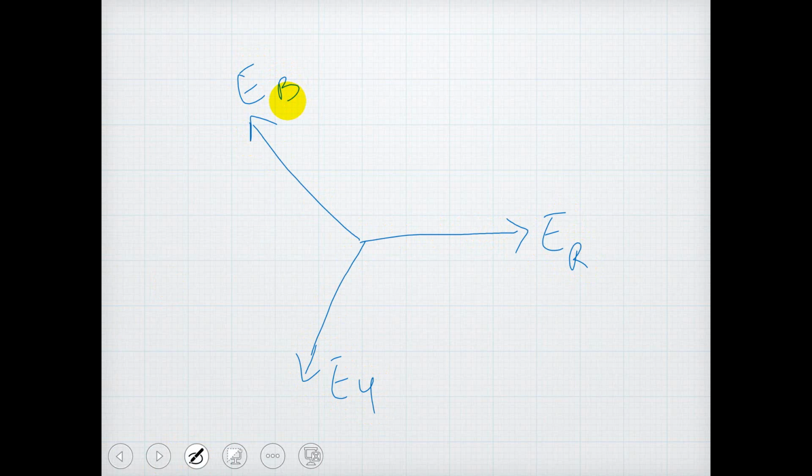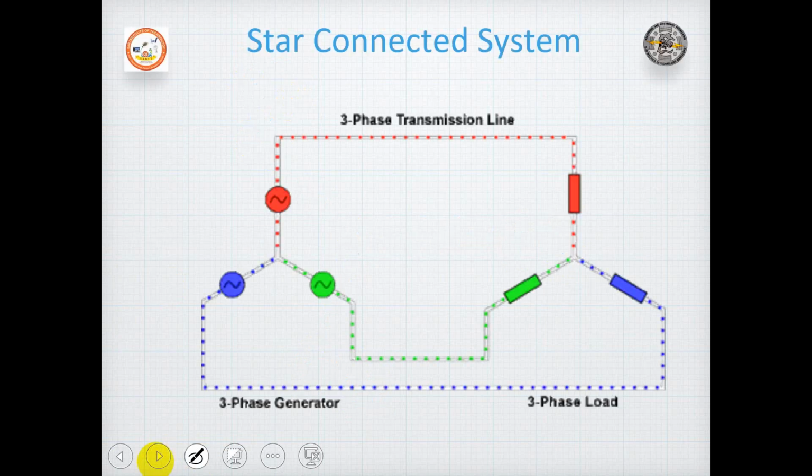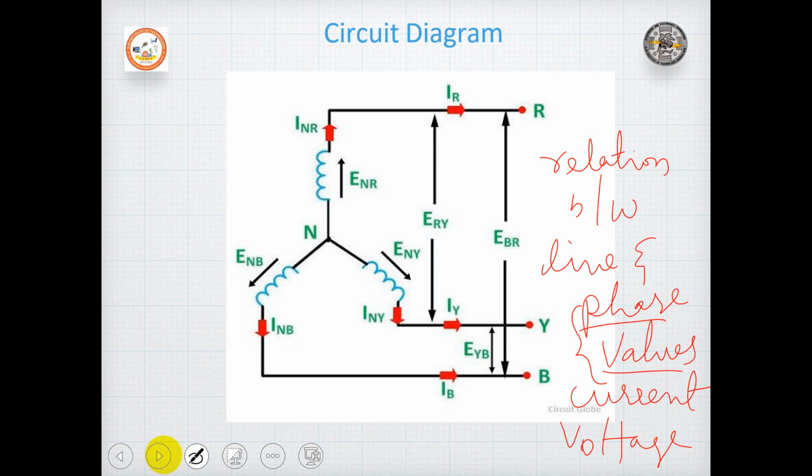Now, if you look at this diagram, you can refer to this as ERY or ENR. Anyway, it holds the same. So the line voltage, that is this ERY, is between this line and this line.